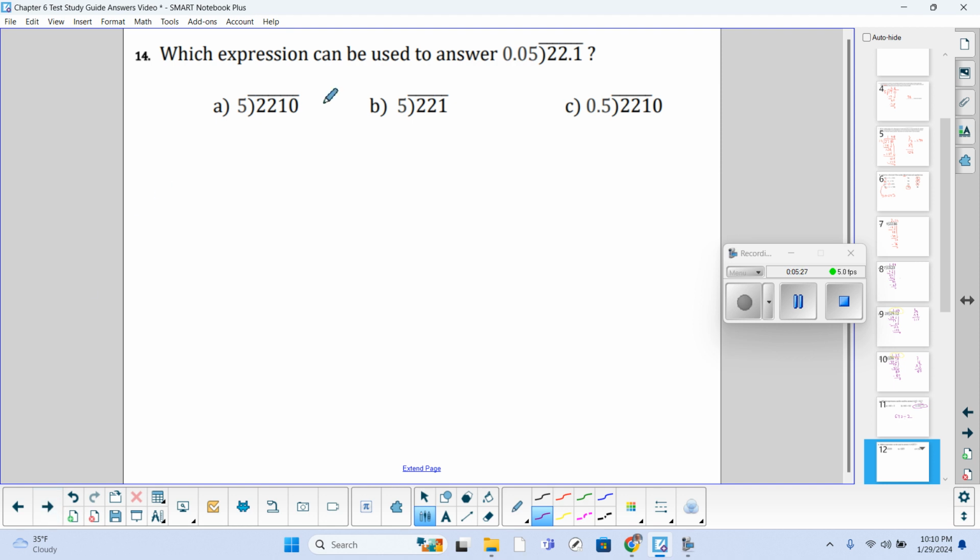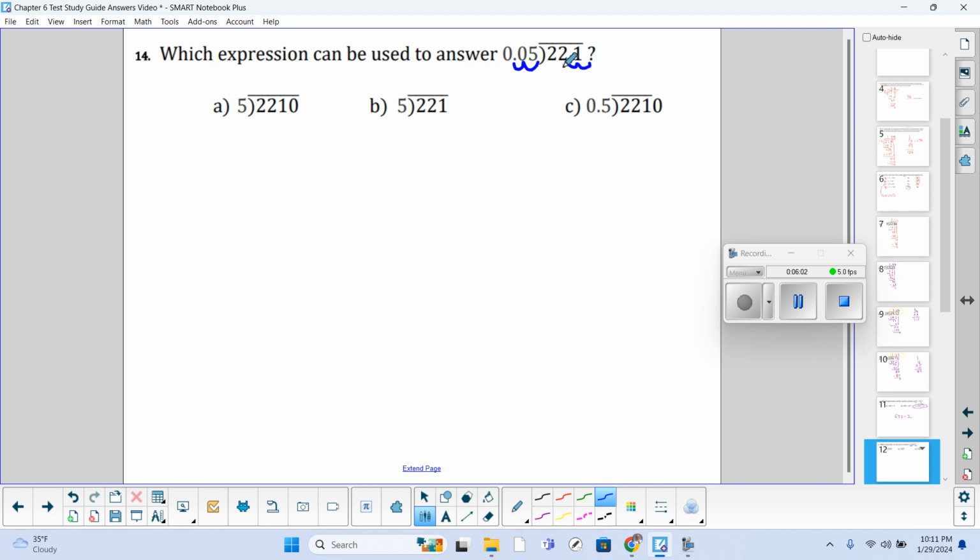Which expression can be used to answer how many times 0.05 goes into 22.1? All right, well, we would need to move this decimal 2 over, which means we're multiplying by 100. Moving a 1 over gets it to after the 1, but I still have to move it over, so multiply by another 10, really.